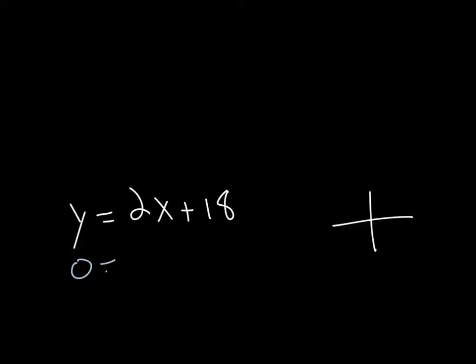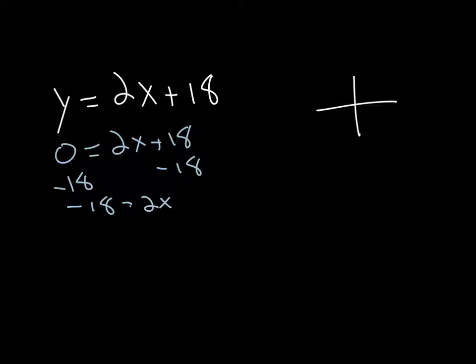So what we've done in the past is plug in 0 for y, and then we can solve for our x value. So we would have -18 is equal to 2x, and we divide both sides by 2, and we can see that our x-intercept in this case would be -9. So it's important to remember that whenever we want our x-intercept, we put 0 in for y.